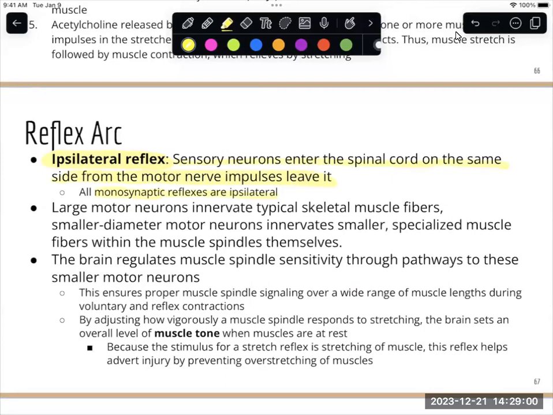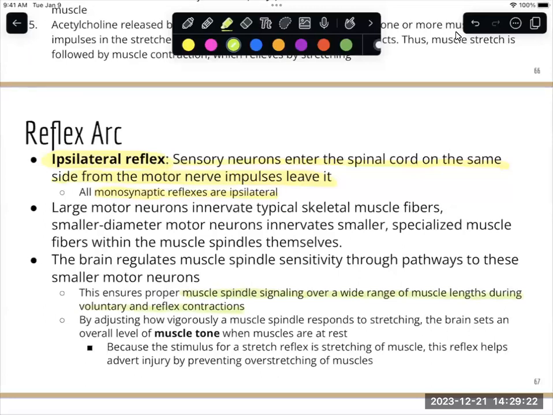So the brain is going to regulate those muscle spindle sensitivity. So this is what makes sure those muscle spindles are sending the correct information about the length of those muscles during voluntary and reflex contractions.